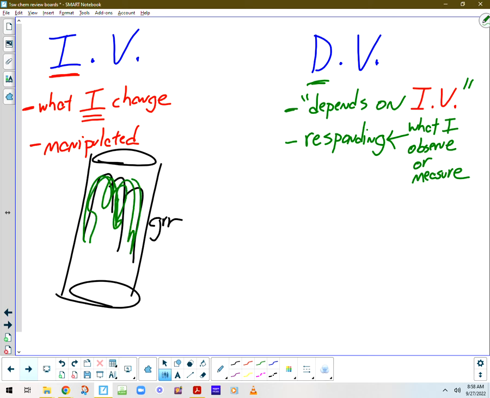So if I drink 5 Monster Energies, that's my independent variable, times 5. Then what I expect to see happen is me not getting any sleep, or I'm going to say less than 1 hour.